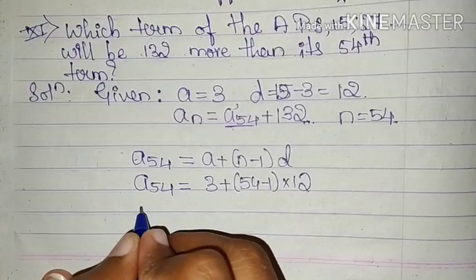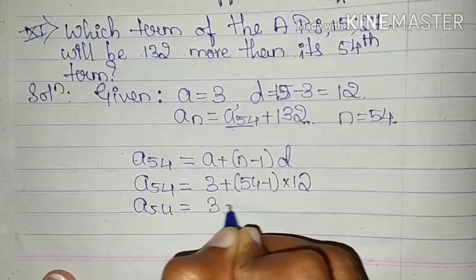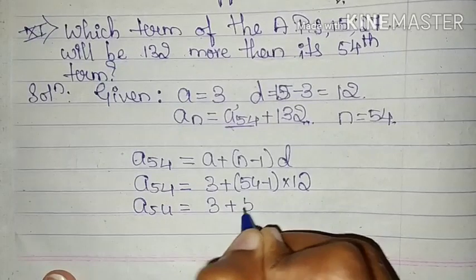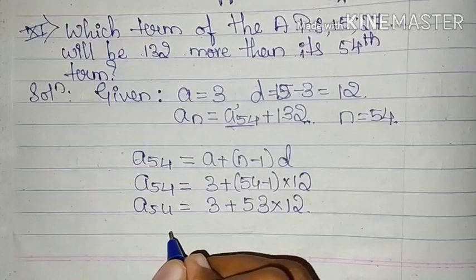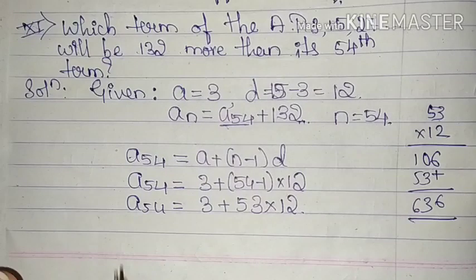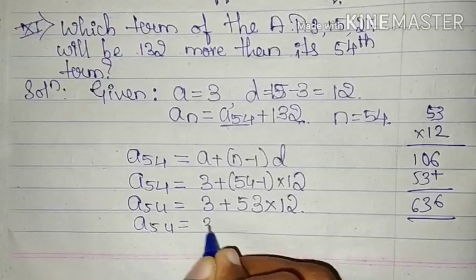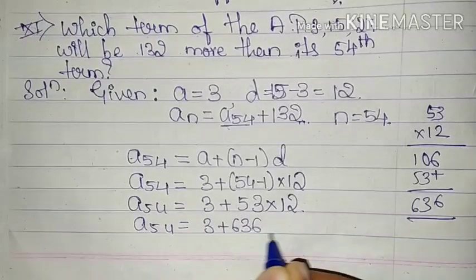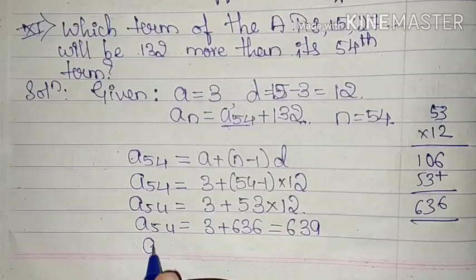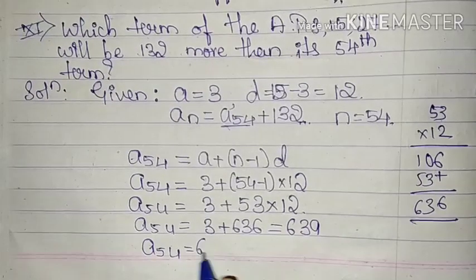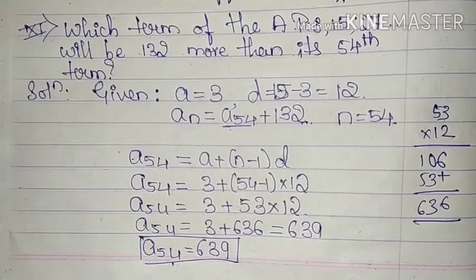So A54 is equal to 3 plus 53 into 12. Thus A54 is equal to 3 plus 636, which is nothing but 639. So our 54th term is 639. This is the first step of the solution.